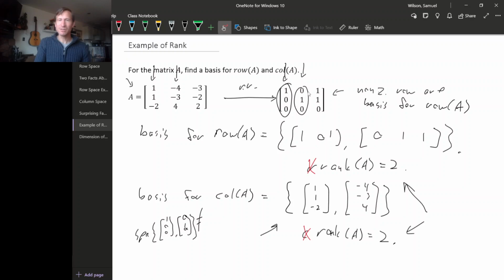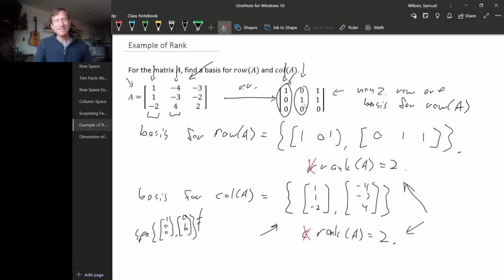So the columns after row reduction do not give us a basis for the original column space. We have to go back to the original matrix before we did row operations and pick off the columns that ended up having pivots.